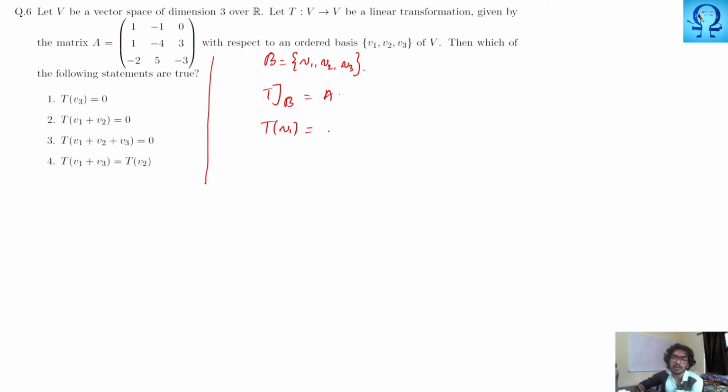This one we write as alpha 11 v1 plus alpha 21 v2 plus alpha 31 v3.